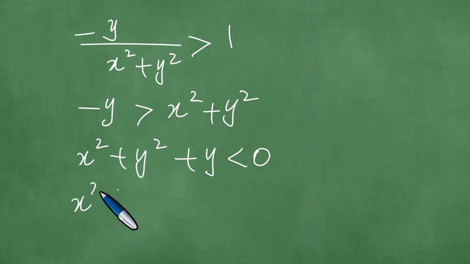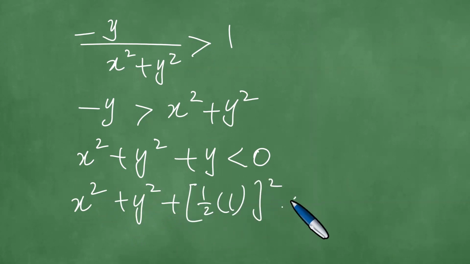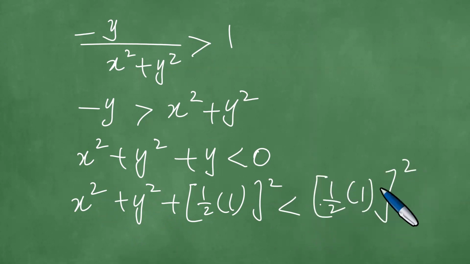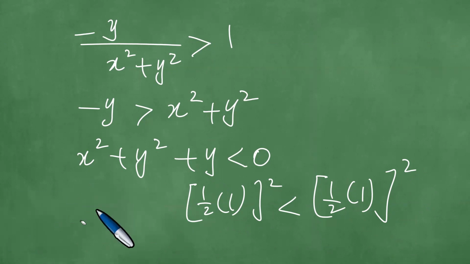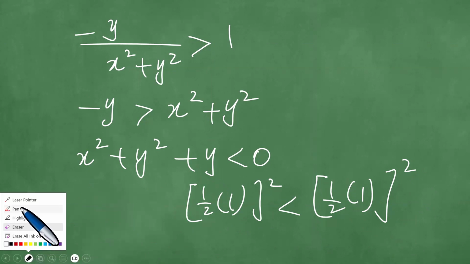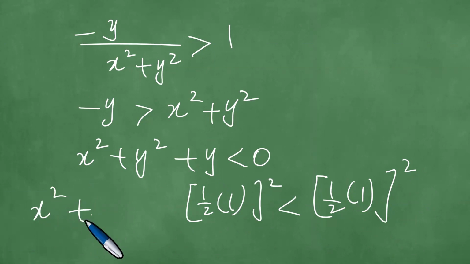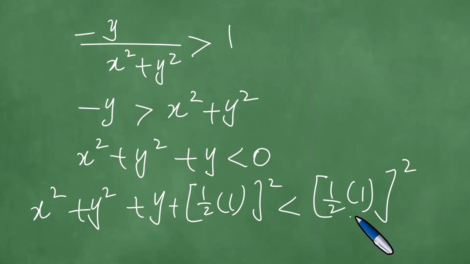And now we are here, and we're able to have the following. We have x squared plus y squared plus y, and we add the square of 1/2 of the coefficient of y. It's just completing the square from school, so it's nothing new at this level. We add half the coefficient of y squared on the left, and we do the same on the right.